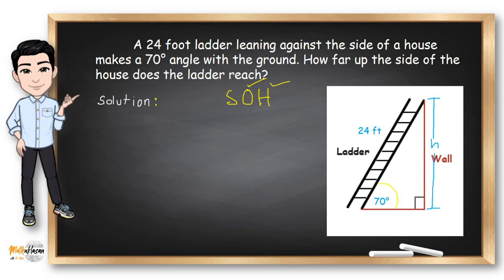Therefore, ang formula na gagamitin natin ay sine 70 degrees referring to the reference angle, which is equal to the opposite side, which is the missing value, h, and the given hypotenuse, which is 24 feet. Now, to solve for h, all we need to do is to cross multiply these values.